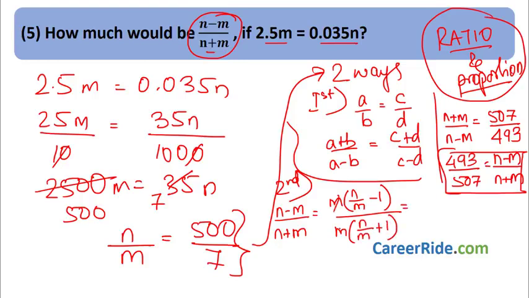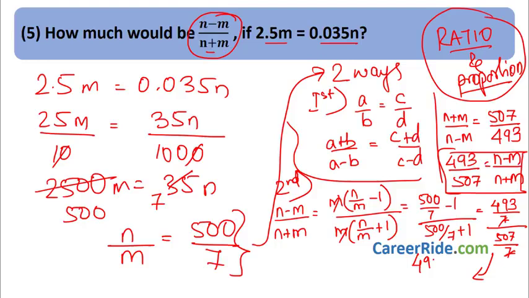This gets cancelled. Then I'll get 500 by 7 minus 1 upon 500 by 7 plus 1. That is nothing but 493 upon 7 divided by 507 upon 7, and I get the same answer as 493 upon 507.